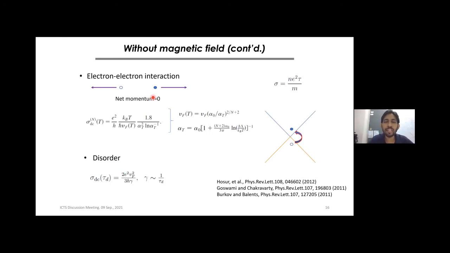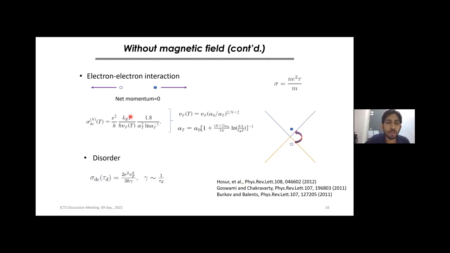So under the electric field, one will go to the right and one will go to the left. So it doesn't matter how much electric field you put, the net momentum of the system will always be 0, which means that in this case, you really do not need anything else to relax your momentum. Just electron-electron interaction will suffice to give you a finite conductivity.